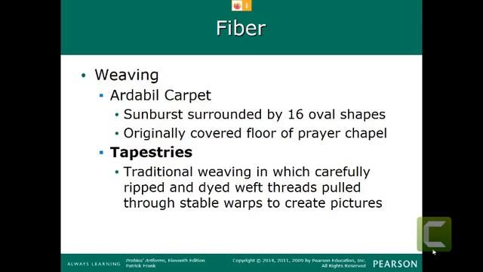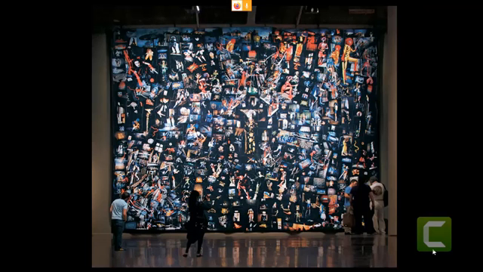So if you have anything that is made out of cloth, anything that is made out of yarn, if it is a blanket or if it's a cover of some sort, and if there is a design on it, if there is a picture on it, that's a tapestry. And so here's an example of a very large tapestry. And wow, very tall. A lot of really interesting symbolism.